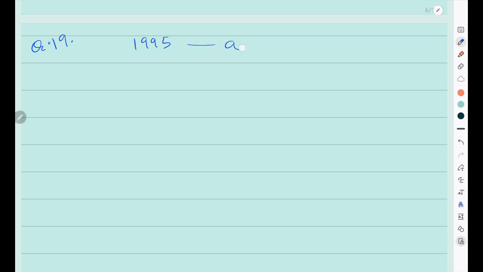So his first salary was 5,000 rupees and he received an increment of 200 each year. So every year his salary used to increase by 200. This is what increment means.